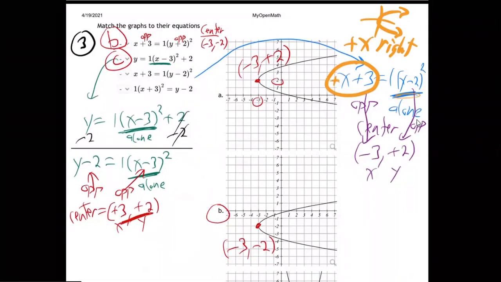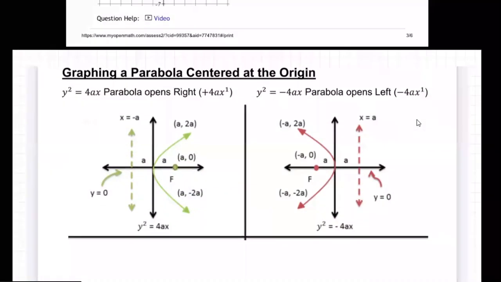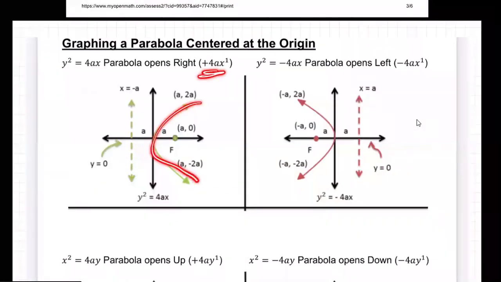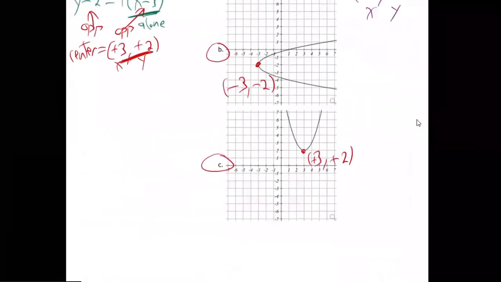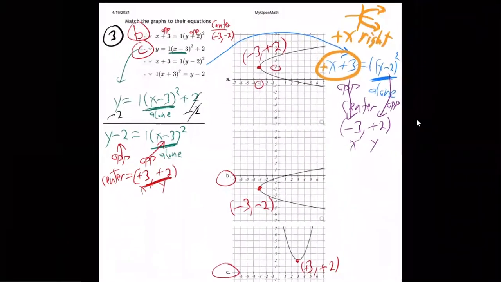First power. Don't look over here at the second power side. Nobody cares about that. This does not determine the direction. Not the second power side, but the first. This is x to the first over here. This is the first power side. And it's positive. Positive x is to the right, right? It's like in the notes. Positive x to the right. Okay. So therefore, this one is going to the right.